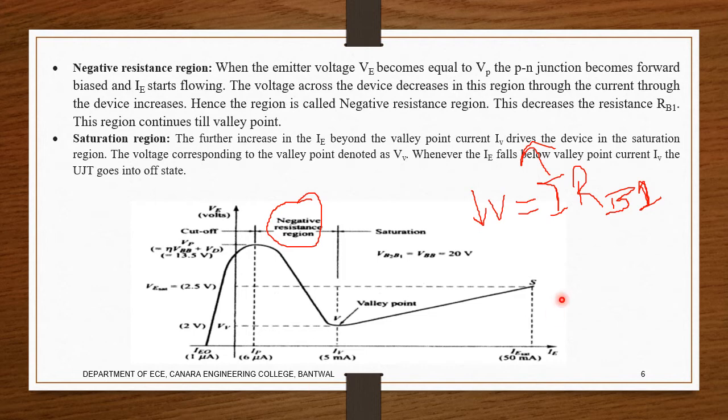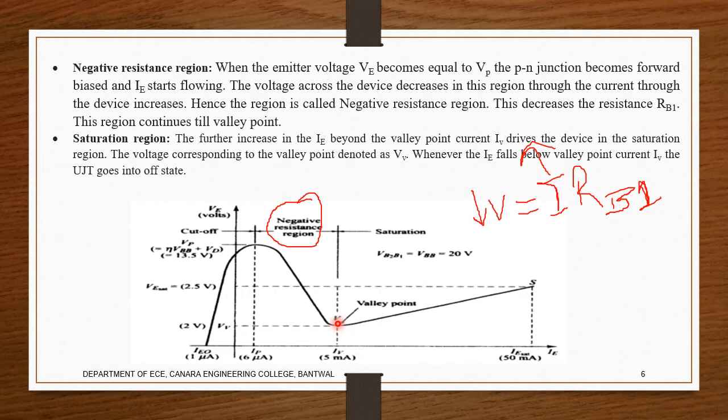Further, beyond the valley point, that is IE equals IV and VE equals VV, at this condition we call this the saturation region.